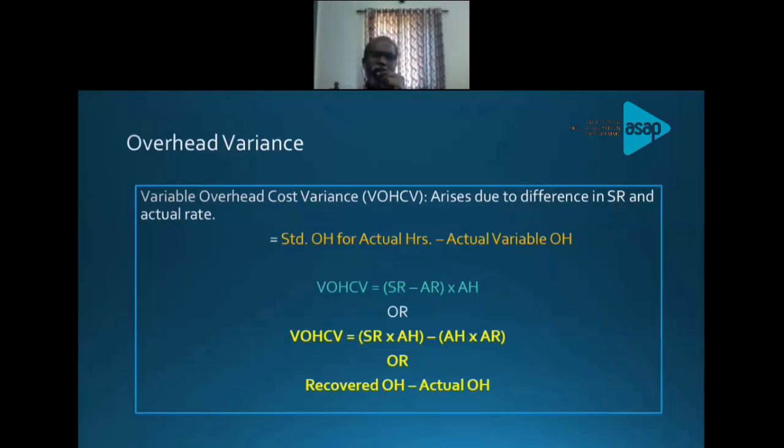Look at the last equation, that is also very important. Variable overhead cost variance is equal to the difference between recovered overhead and actual overhead. Recovered overhead, you know that it is the absorbed overhead. The difference between absorbed overhead and actual overhead is the variable overhead cost variance. These two equations are important.